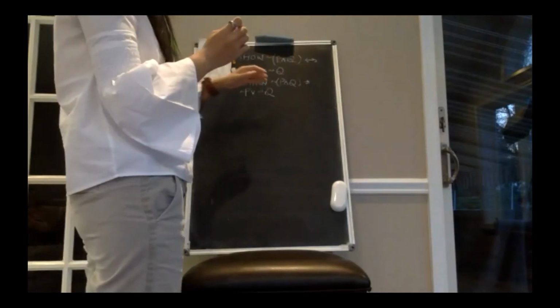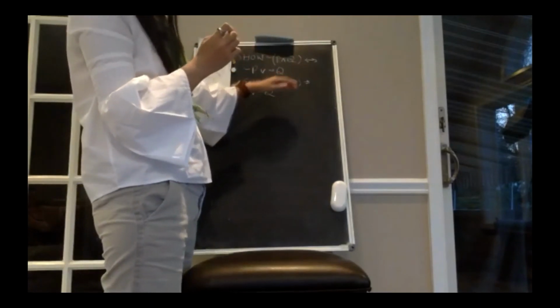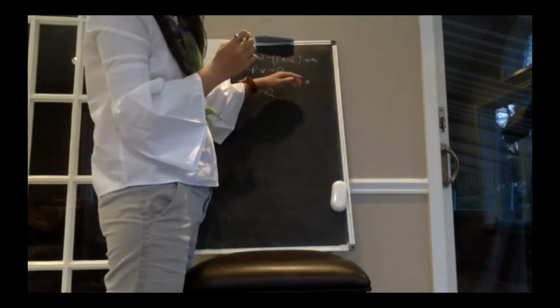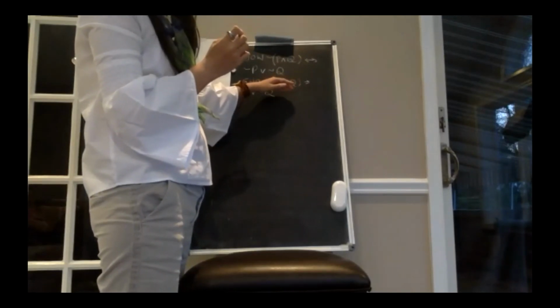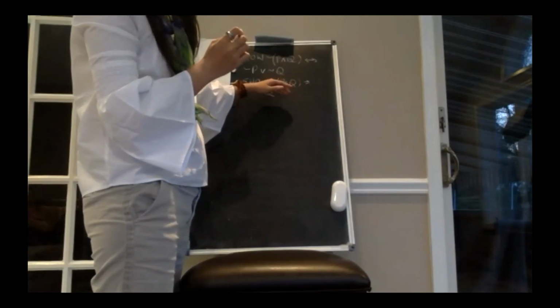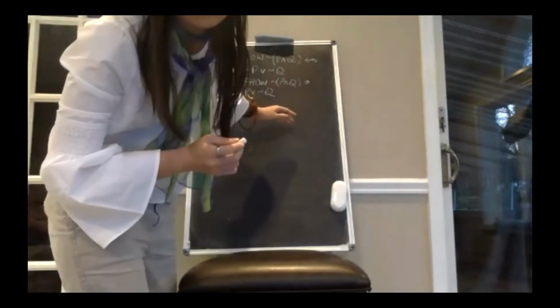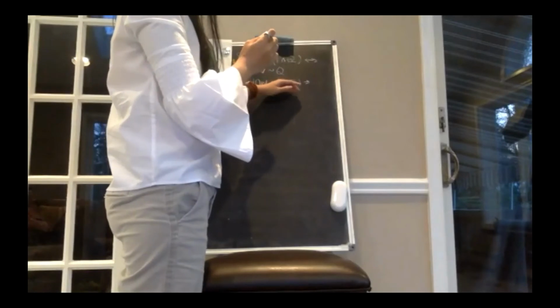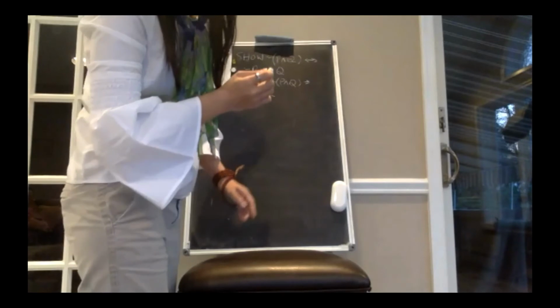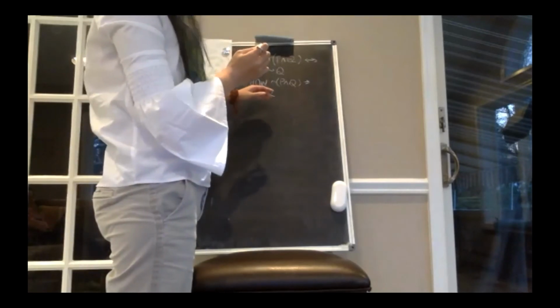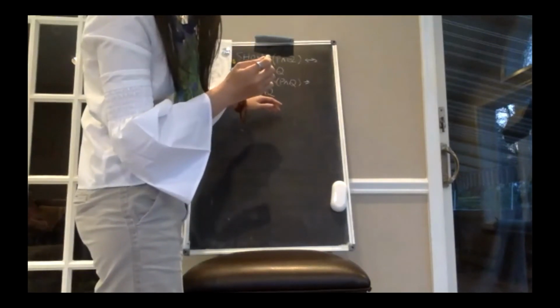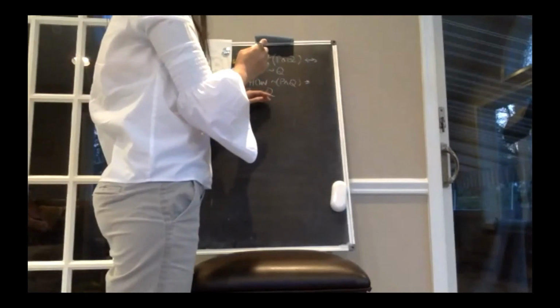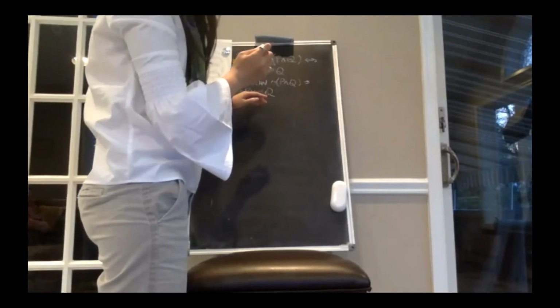One thing that we can do when we want to show a conditional is assume the first part of it in order to show the second part.